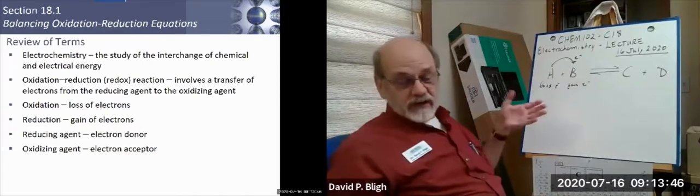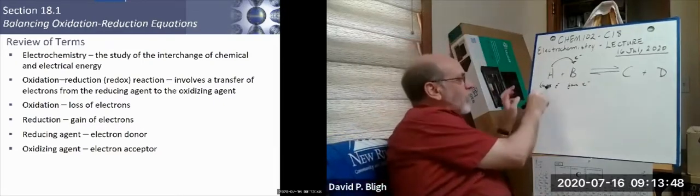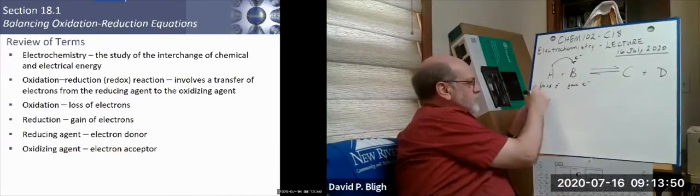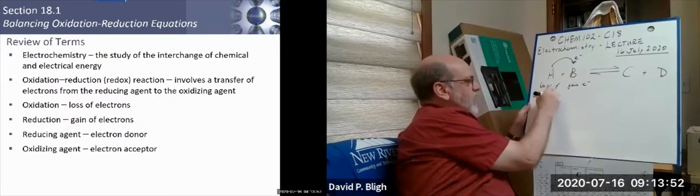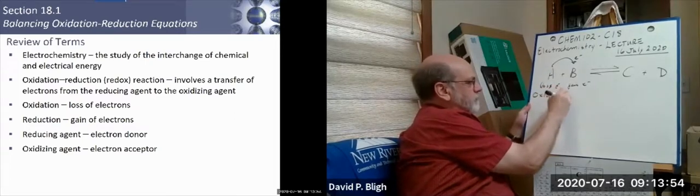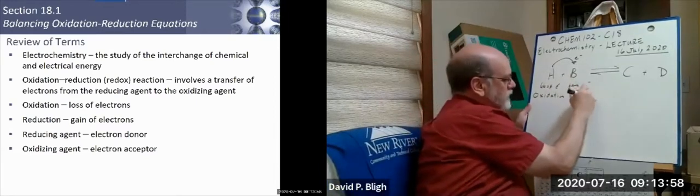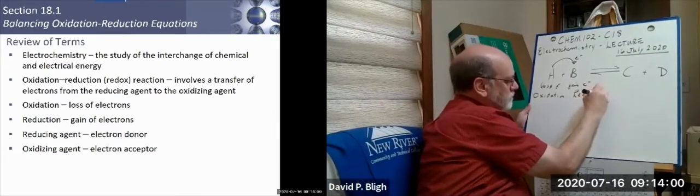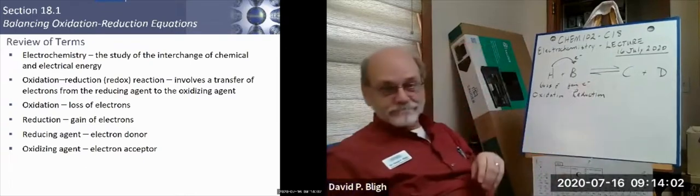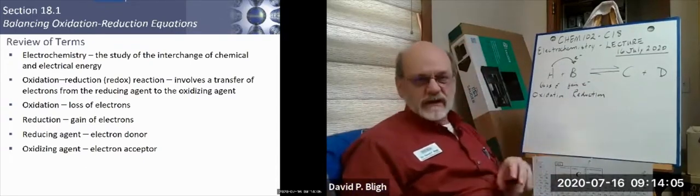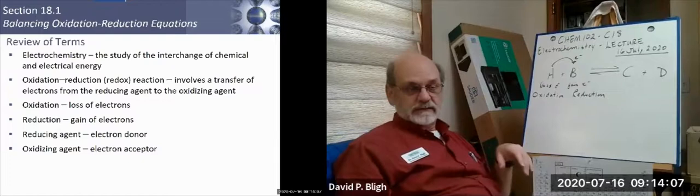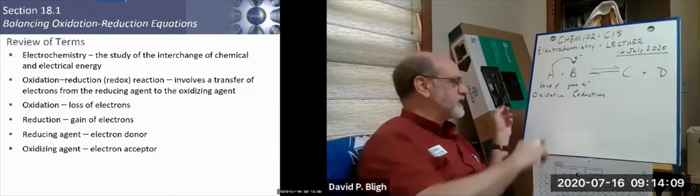So we have special names for these. For the one that loses an electron, we call this process oxidation. And for the one that gains the electron, we call it reduction. All right. And there's a little acronym that will help you remember these.